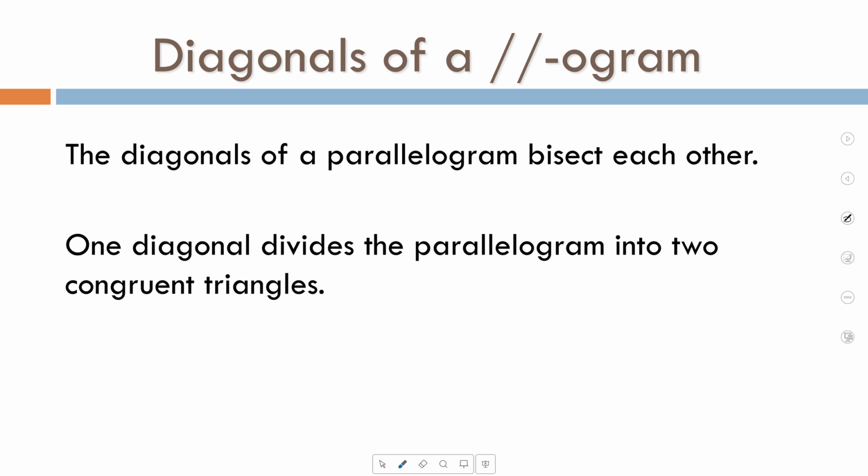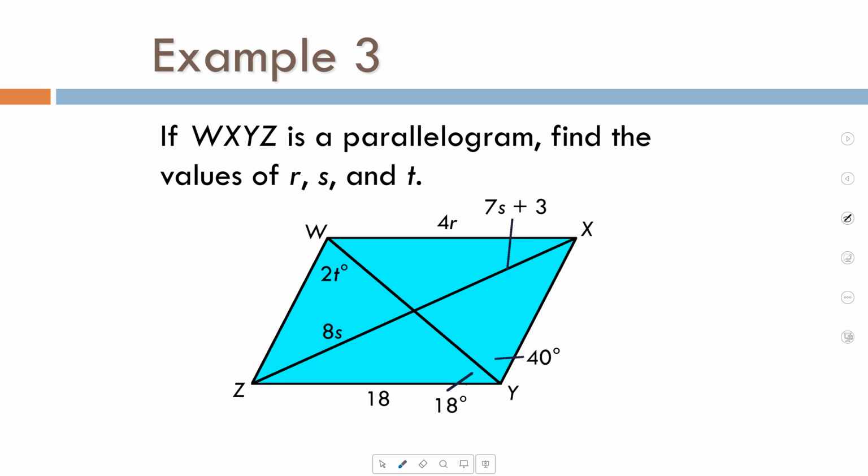Not a very helpful thing, but something worth pointing out, because we'll do some work with it later. Let's skip this one. Well, no, hold on. Let me point out one quick thing. We're not going to do all the calculations. We don't care what ST and R are. But I do want to mention this, because what's going to come into being again is the fact that we have parallel lines, and when you have parallel lines, you have some angle relationships.